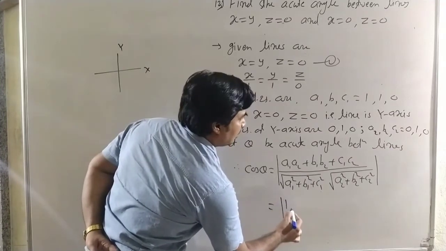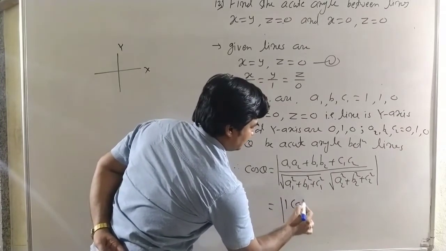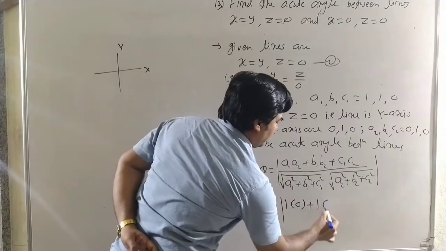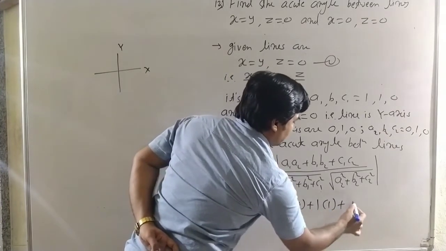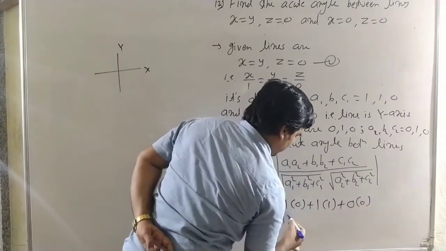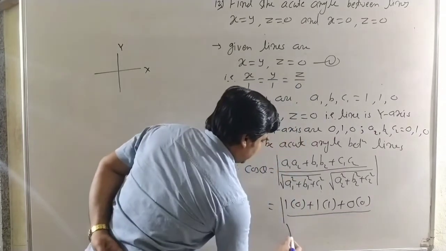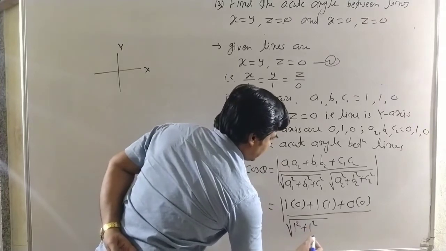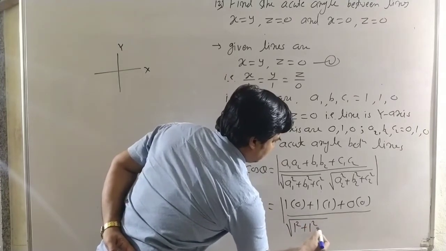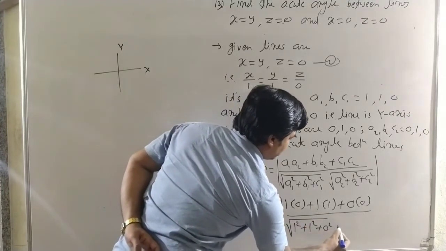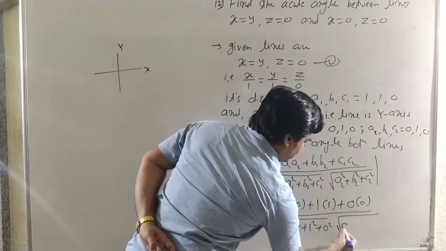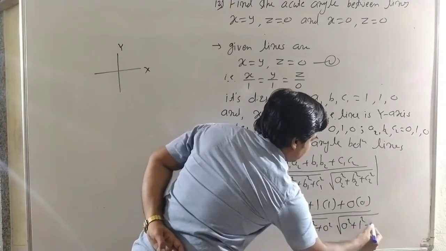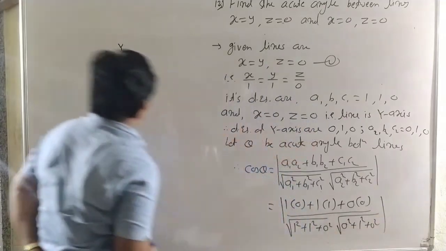A1, it is 1 into 0 plus 1 into 1 plus 0 into 0 upon under root of 1 square plus 1 square plus 0 square into under root of 0 square plus 1 square plus 0 square. Now calculate.